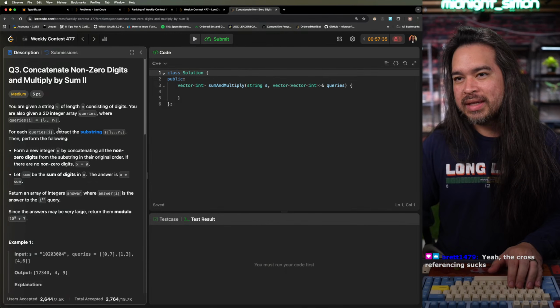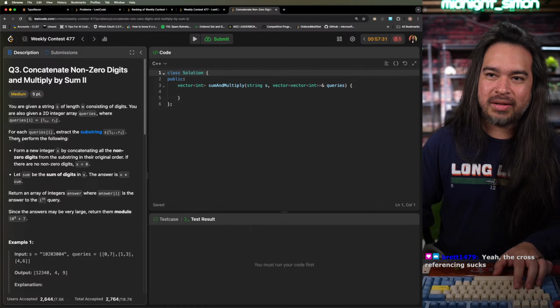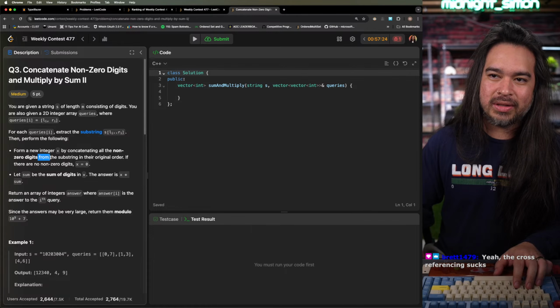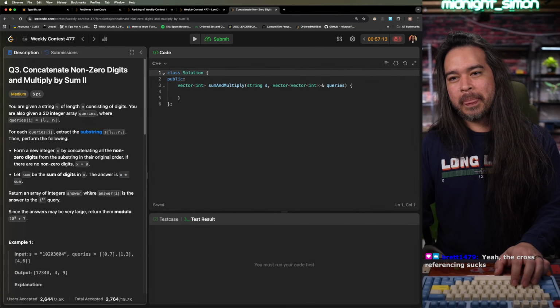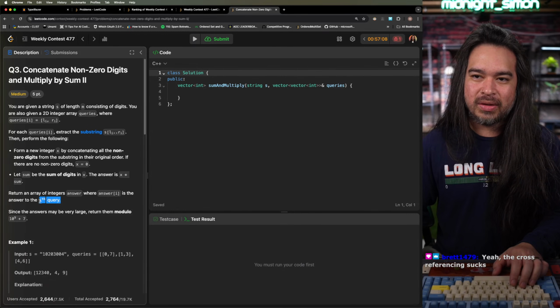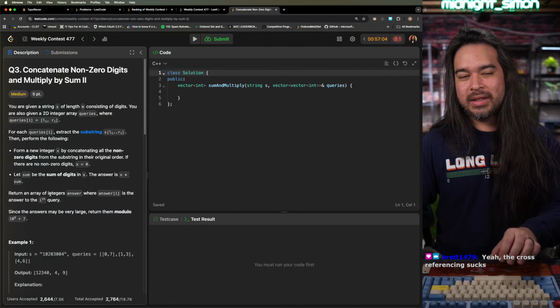For each query, extract the substring, then form a new integer x by concatenating all the non-zero digits from the substring in the original order. If there are no non-zero digits, x equals 0. Let sum be the sum of the digits in x. The answer is x times the sum. Return an array of integers answer where answer[i] is the answer to the ith query. Since the answers may be very large, return it mod a big prime.